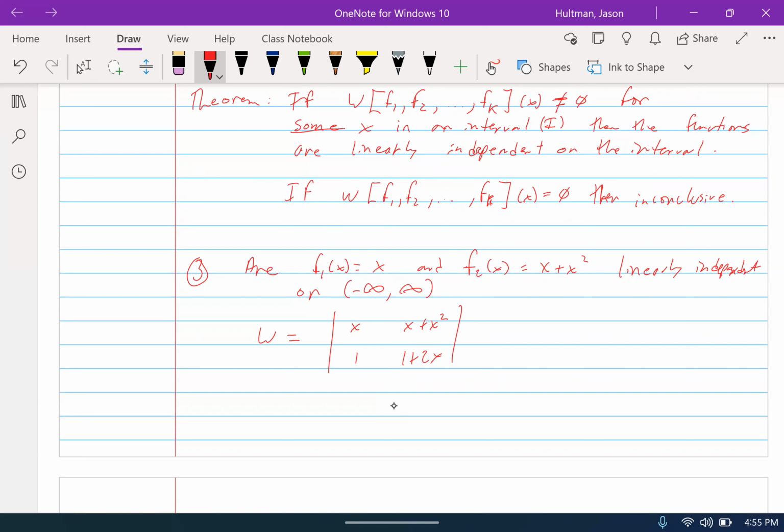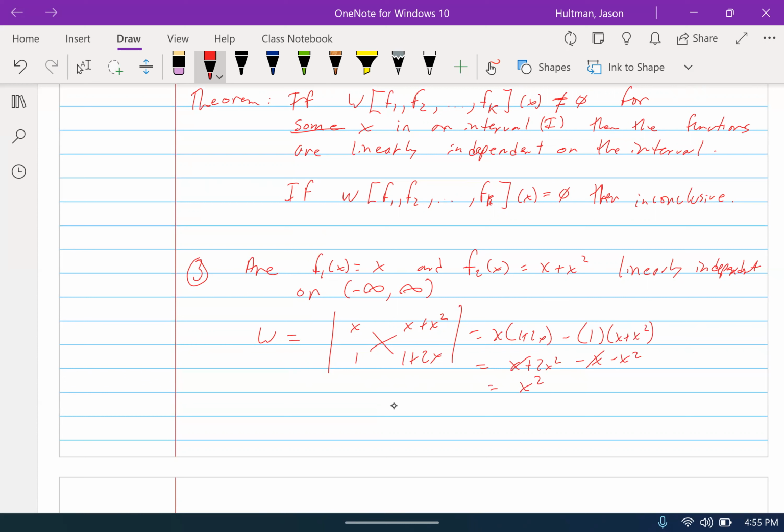So we cross multiply: x times 1 plus 2x, minus the other direction, 1 times x plus x squared. So this is x plus 2x squared minus x squared, and that's going to equal x squared.